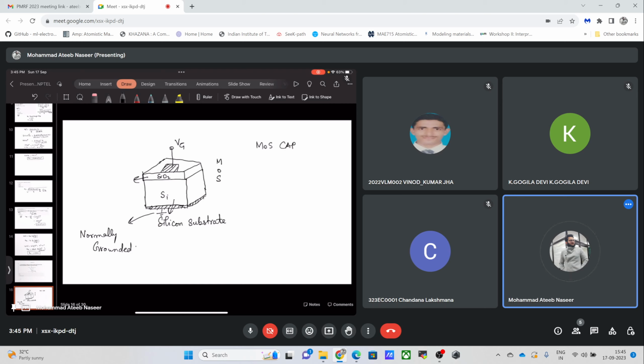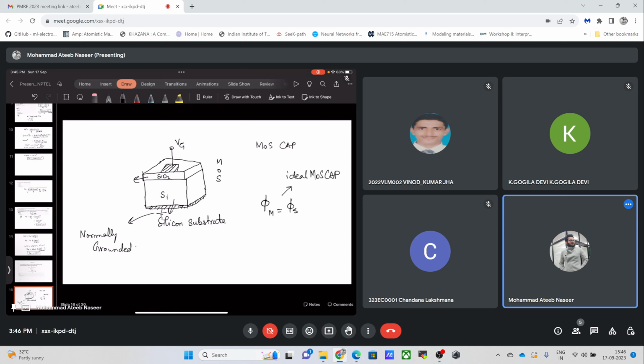There are some basic assumptions for this ideal MOS cap, and one among those is that the metal work function is equal to the semiconductor work function, so phi_ms is 0. This is for the ideal MOS cap.